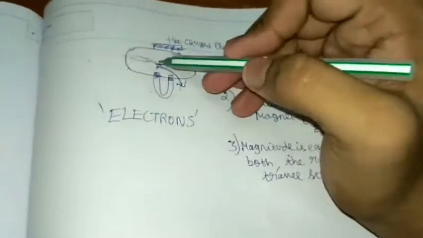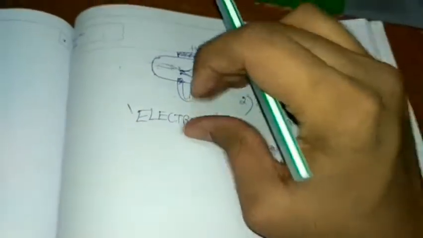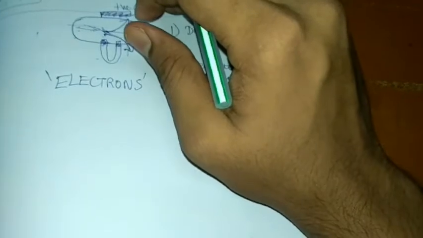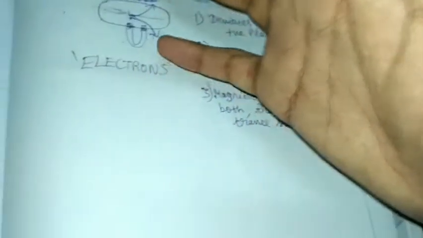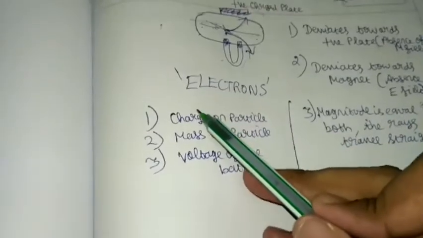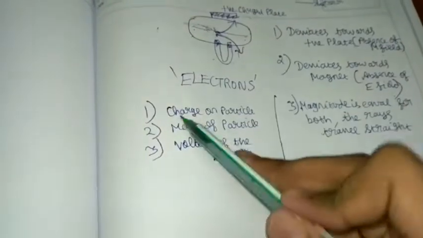So he told how much it deflected. The amount of deflection depended upon some factors. The amount of deviation of the particles from their path, in the presence of a magnetic field or electric field, depended upon three factors.